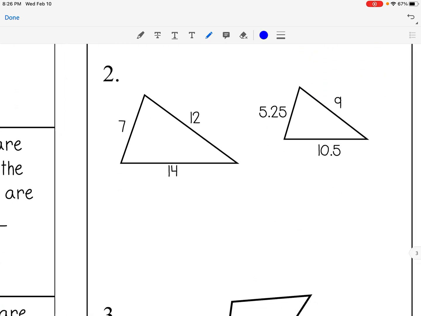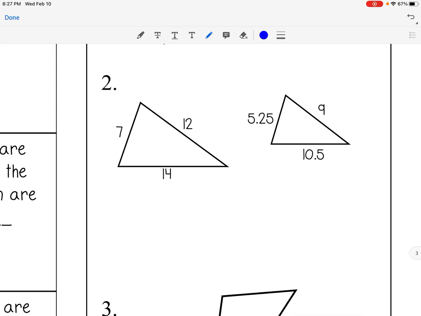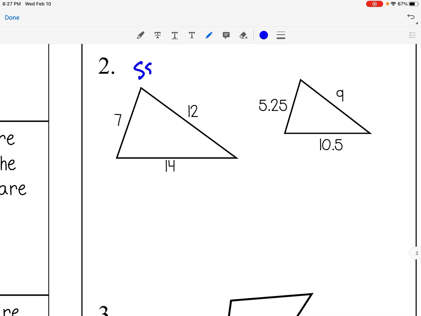On number 2, I have no angles, so we're hoping that these sides are going to work out for a side, side, side kind of deal. So what I need to do to check the proportions here is take all 3 sides of this first triangle over here, 14, 12, 7, and divide them by the corresponding sides on the other triangle.